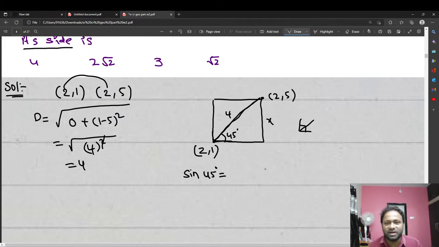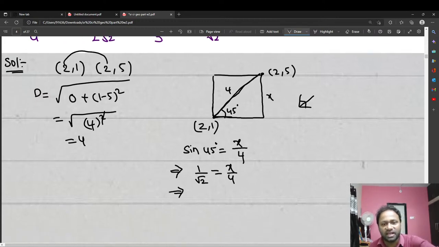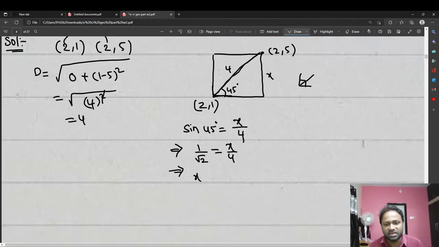Sine is nothing but opposite side divided by hypotenuse. Hypotenuse we can take as 4. Sine 45 is nothing but 1 by root 2, equal to x by 4. That is nothing but x is equal to 4 by root 2.